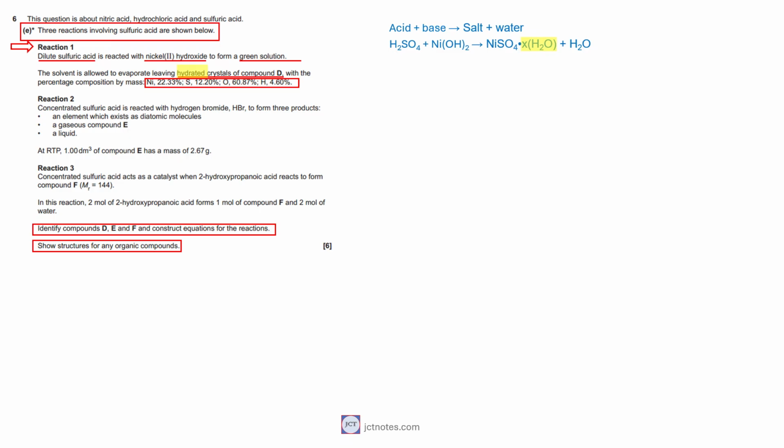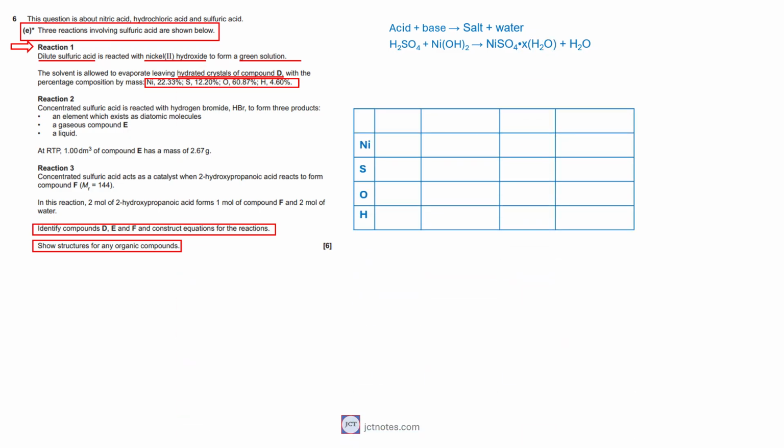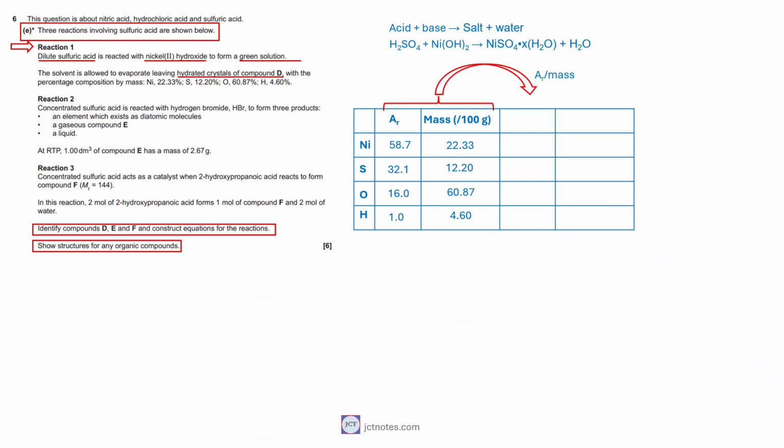We can calculate the empirical formula by creating a table with the atomic mass of each element. If we assume we have 100 grams of the compound, the percentages can then be treated as masses in grams. Divide each mass by the relative atomic mass of the element to find the number of moles. This gives us 0.38 moles of nickel and sulfur, 3.80 of oxygen and 4.60 of hydrogen.